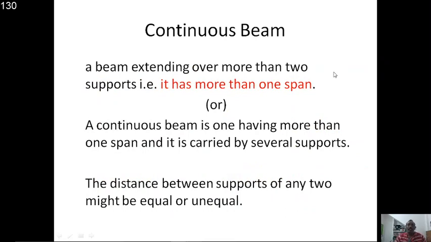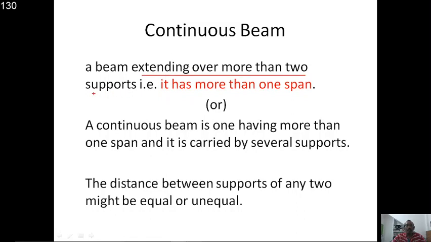Now we are coming to the next type of beam, that is the continuous beam. Still we are seeing only one span of the beam, but a continuous beam is extending over more than two supports. That means it has many spans, not only one span.